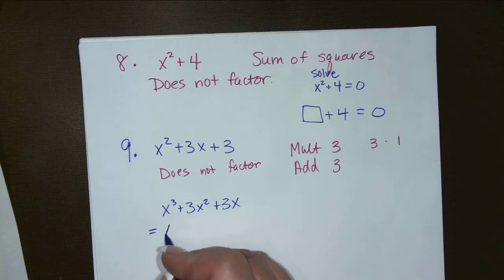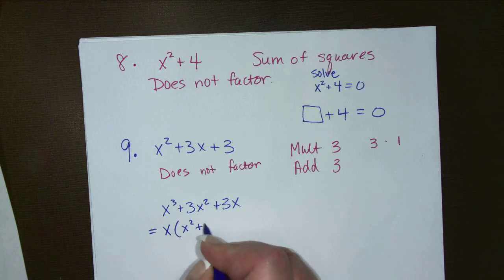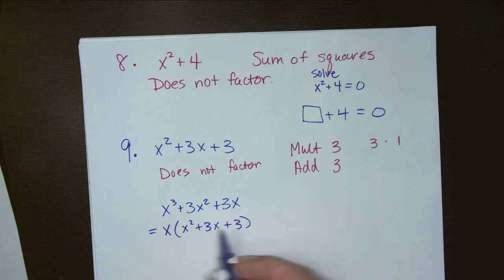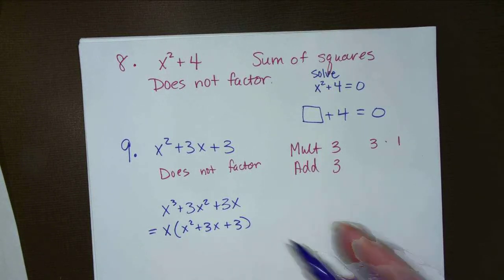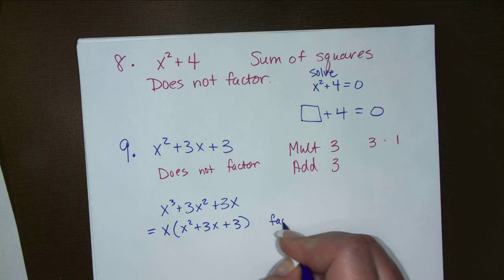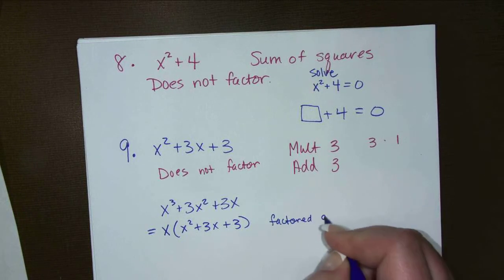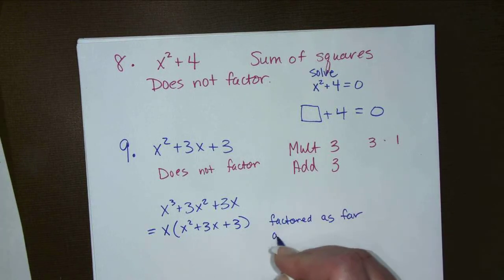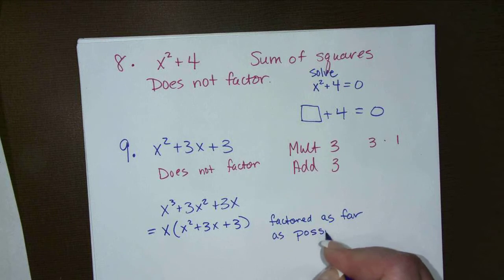So if we pulled out the x, I end up with that doesn't factor. So this we would say is factored as far as you can go. You end up with an x squared, but this doesn't factor. So this is factored as far as possible. Okay. Yep.